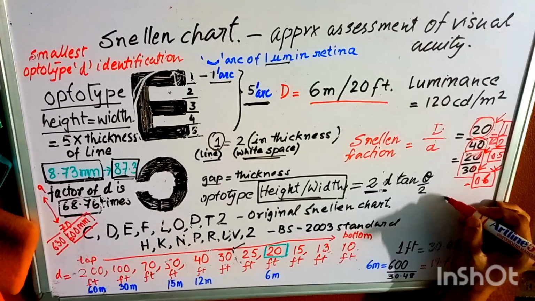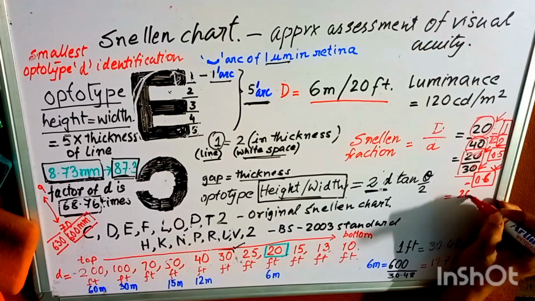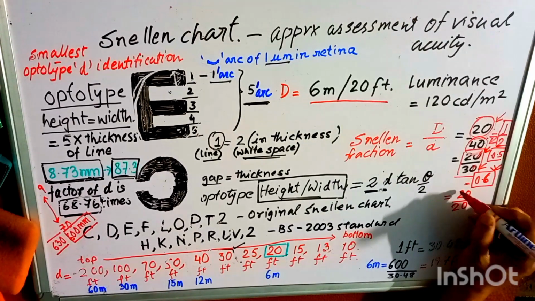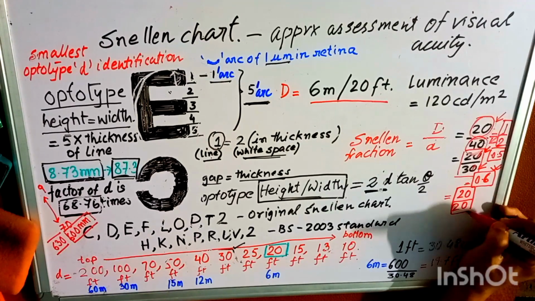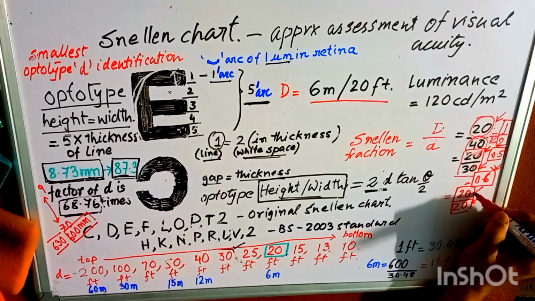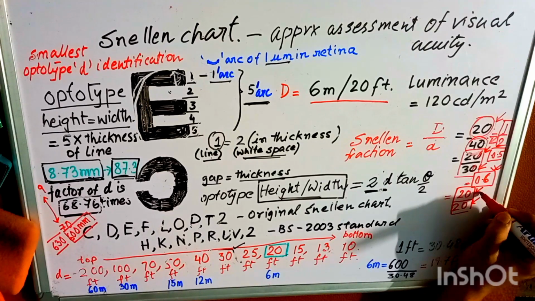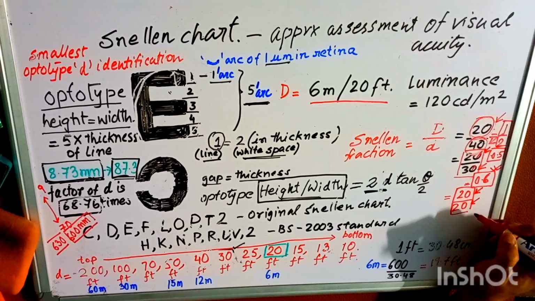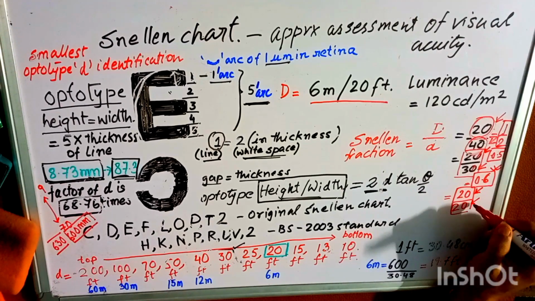If a subject is standing at 20 feet and can read a 20 feet optotype, which is the 8th line, so his vision is 1.